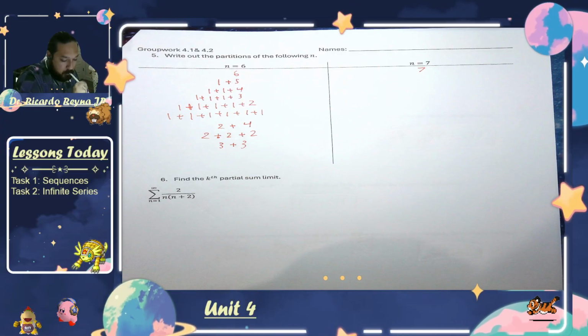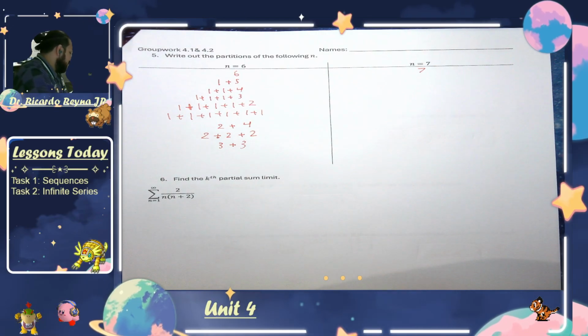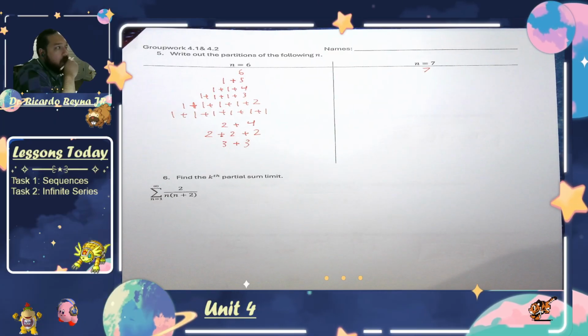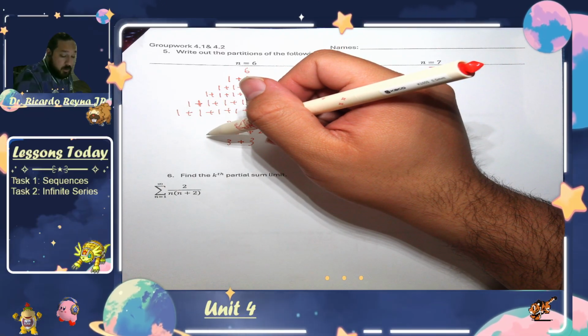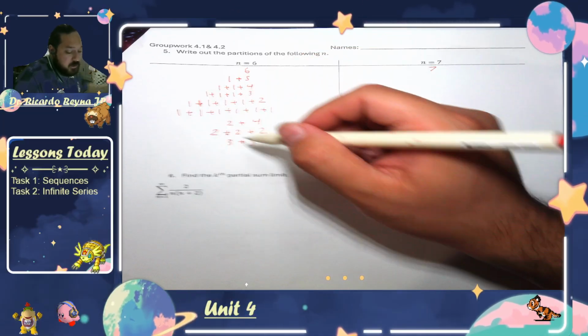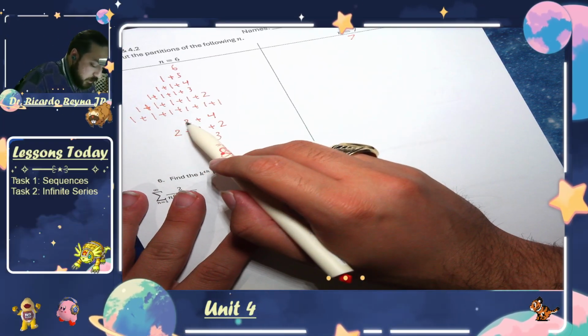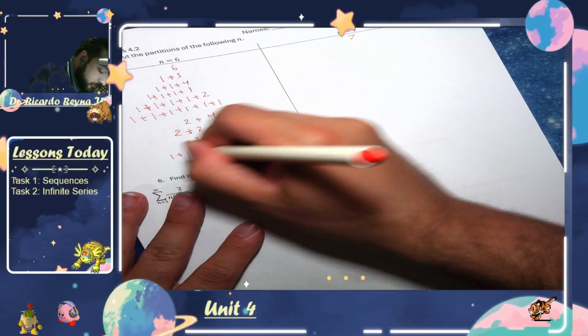Before I get too cocky, I'm going to double check my answers. Oh, that's right. From here, I forgot about turning these into the 1 plus 1s, so that's on me. We know we could turn this into 1 plus 1. Here we could turn one of those into 1 plus 1.